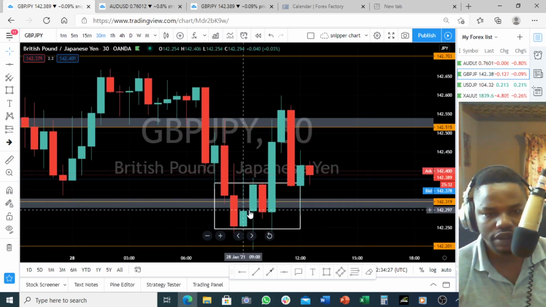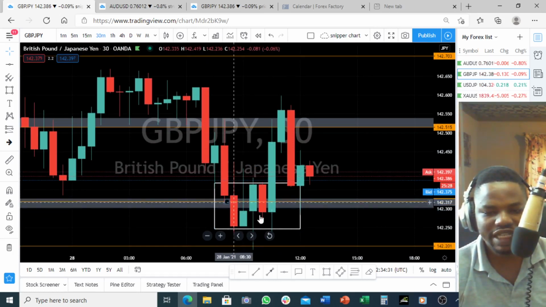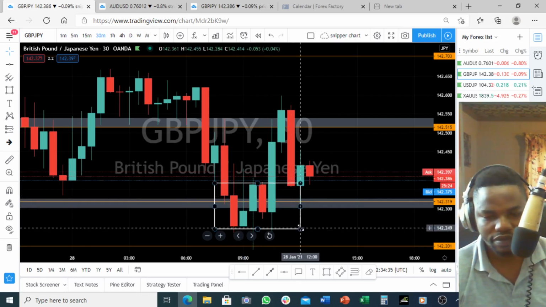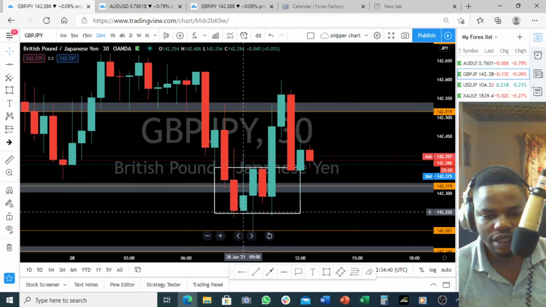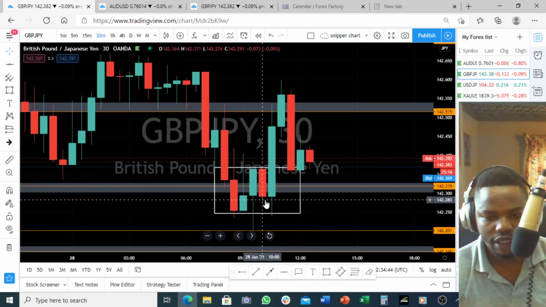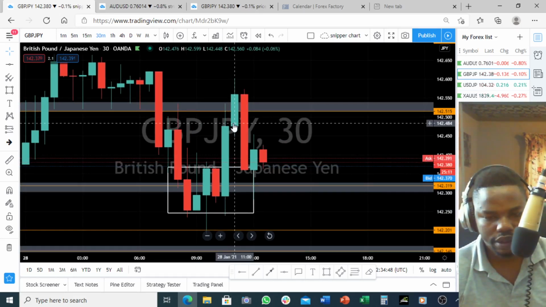On a support level, we wait to see consolidation. We wait to see the fight. After the fight, we wait to see who loses, who wins. As you can see, the bearish came in, then they were stopped here by bullish. Then as they were fighting inside this box, inside this ring, the bullish gained power and went out.